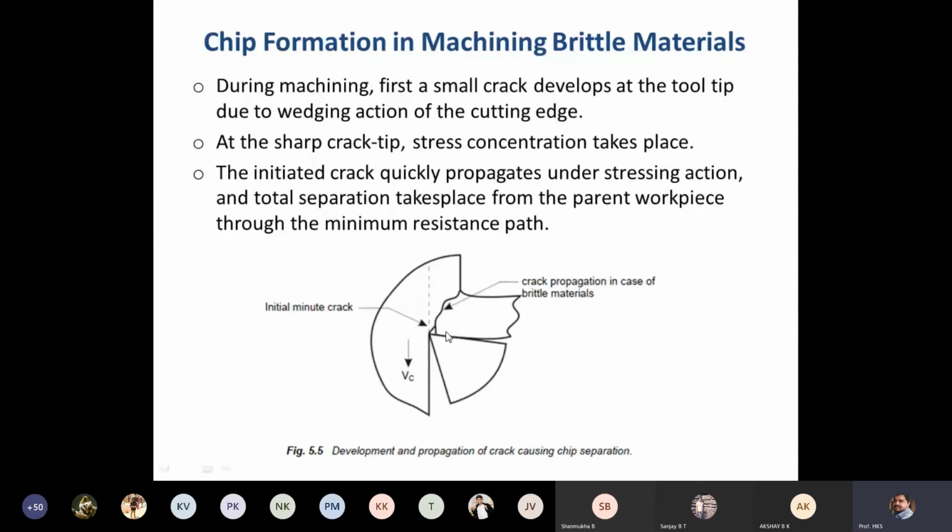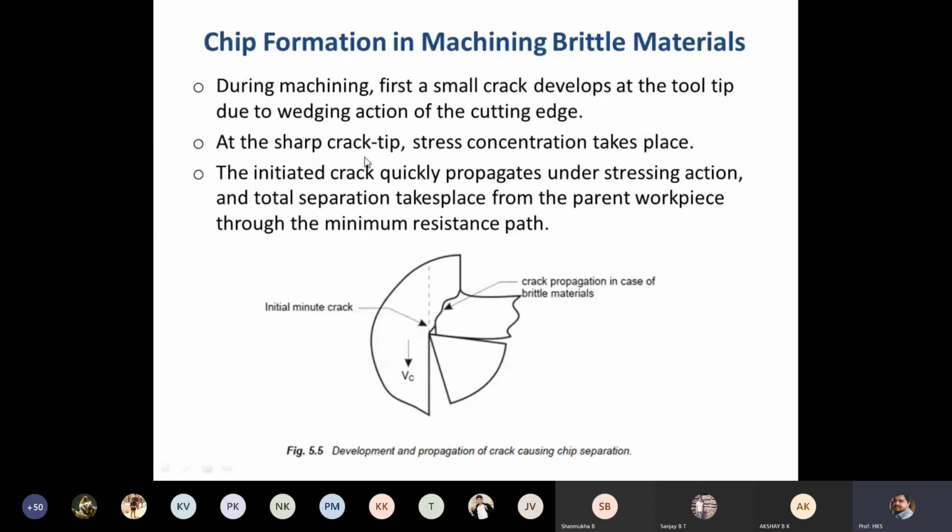Wedging action is due to the contact between two surfaces, the surface of the tool and the work material. Because of this contact there will be wedging action, and because of this wedging action there will be formation of a crack at this region.